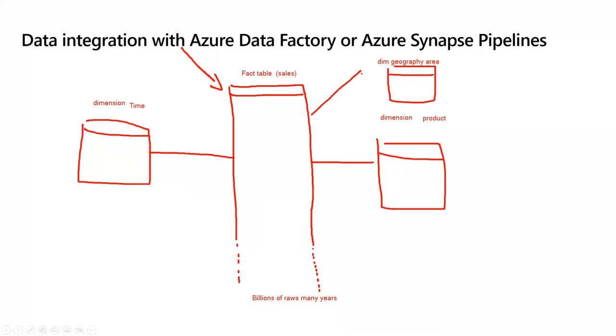Those dimension tables are there to describe and provide some sense of your analytical fact table cells. And those tables are not so big. They can be relatively big in a big corporation, but definitely not as big as the fact table.